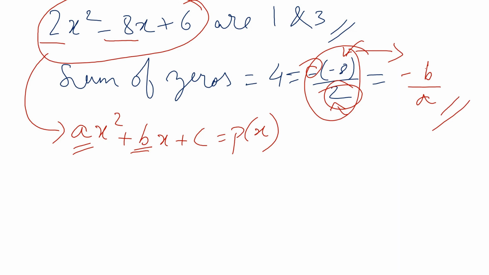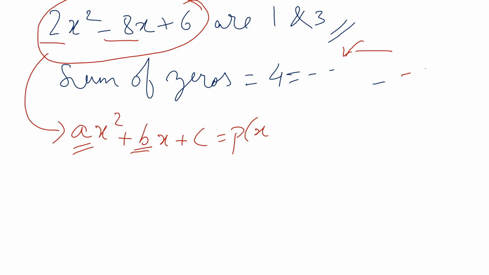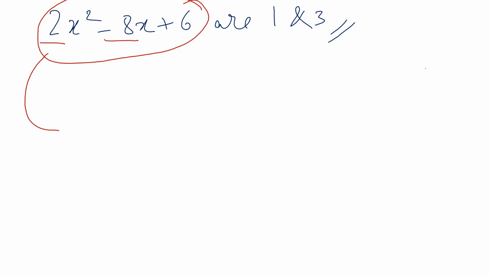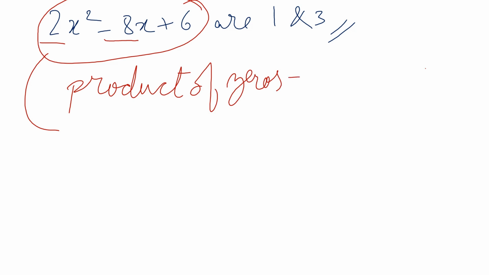Similarly, to get the product of zeros, we can say that the product is equal to 1 into 3, which is nothing but 3 itself. We can write this as 6 by 2. Okay.